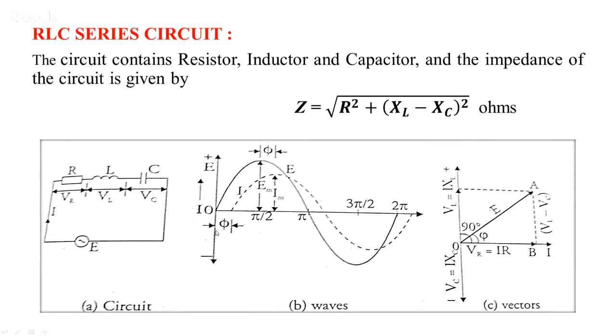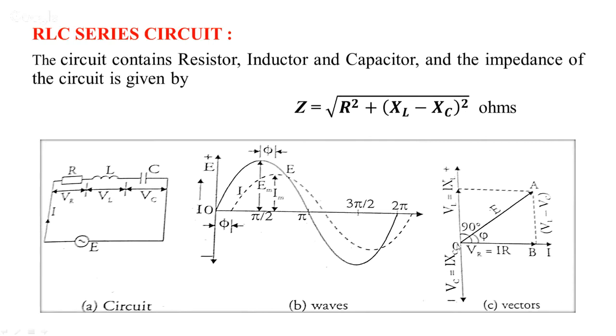So in this wave diagram, you can observe this is the voltage wave and the dotted line represents the current wave. So there is a phase angle difference of phi between the two alternating quantities, that is the voltage and the current. Now let us understand the vector representation.